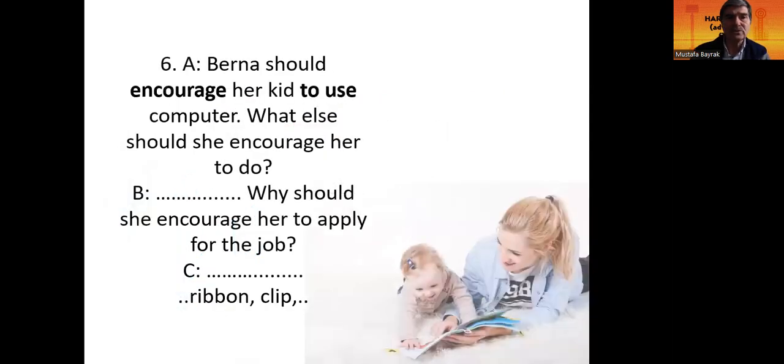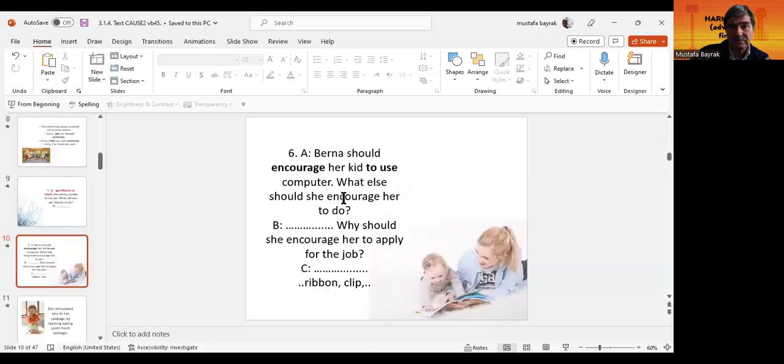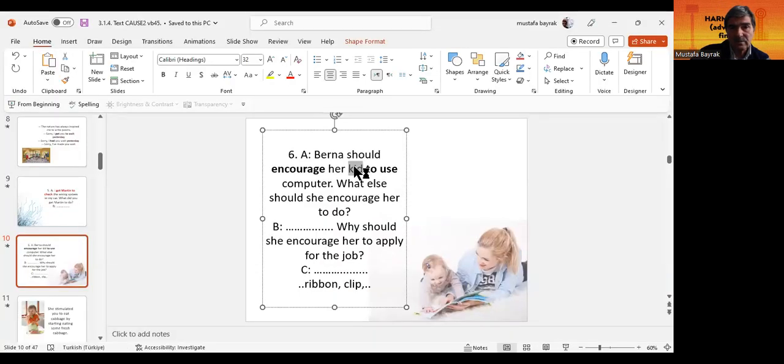6, Berna should encourage her kid. Encourage somebody to do something, okay? Berna should encourage, should motivate. Berna should encourage her kids to use computer. What else should she encourage her? Encourage her kids. Kid is missing here.